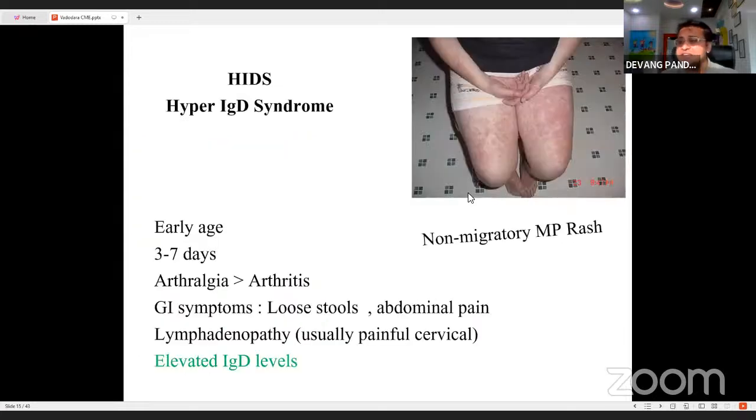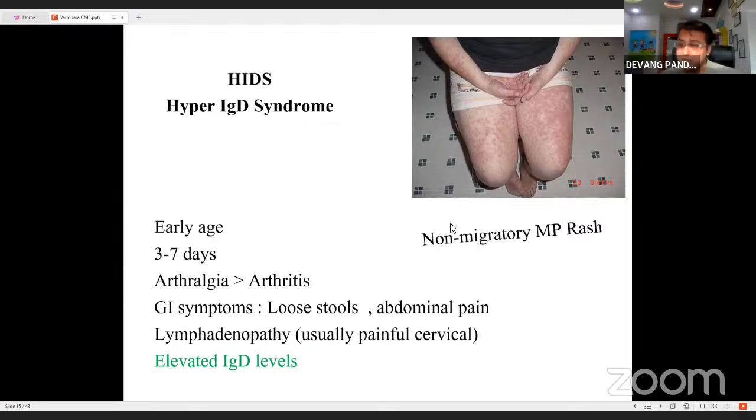Other is hyper IgD syndrome. The typical rash is a maculopapular rash involving the whole body, with febrile episodes at an early age, less than 5 years. The typical episode lasts 3 to 7 days, with similar arthralgia symptoms. Here the demarcating feature is loose stools, the most common feature of hyper IgD syndrome, along with lymphadenopathy, which is usually painful and cervical.